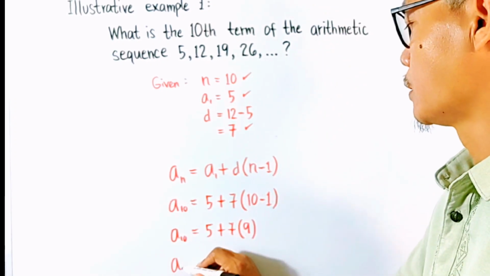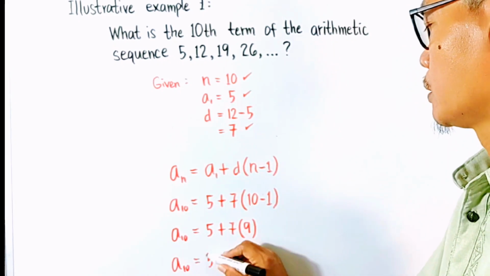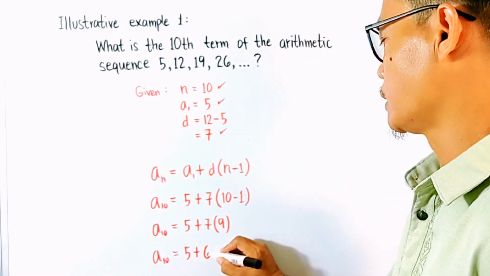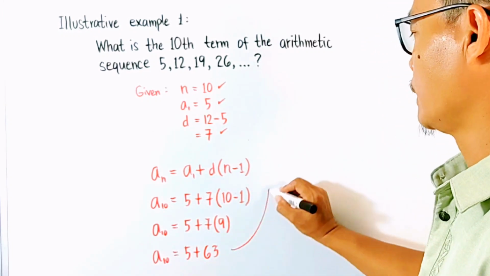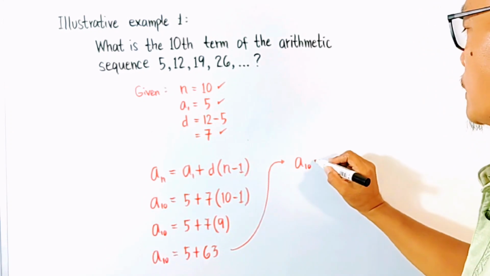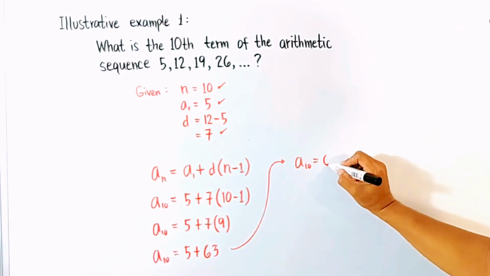Then we got a sub 10. Again, do not add this one. Multiply first. 7 times 9 is 63. And finally, the final answer for that a sub 10, or the 10th term, is 68.